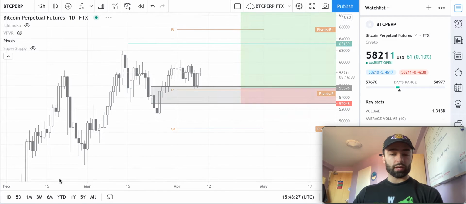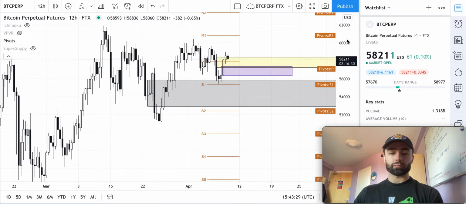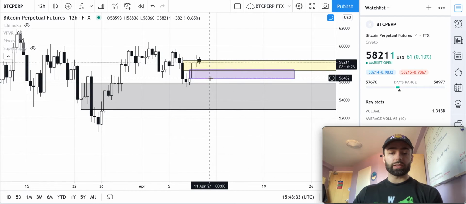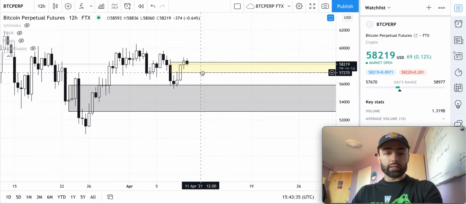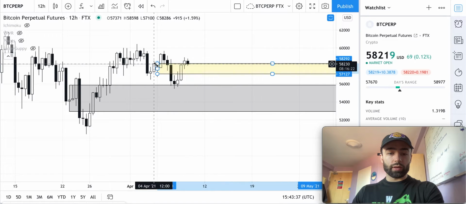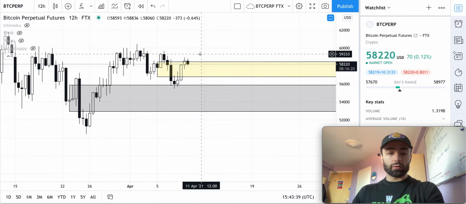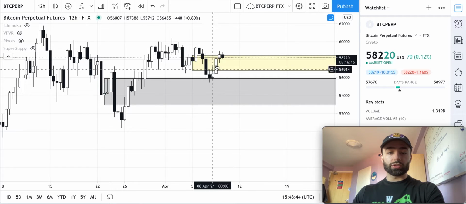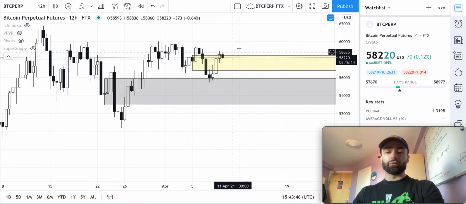Let's go to the 12-hour time frame, see what we're dealing with here. On the 12-hour time frame, we have basically negated this level right here that we talked about potentially being support, pushed through it, potentially being resistance, and it pushed through it.